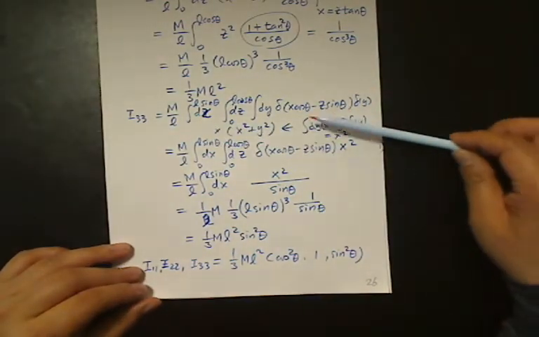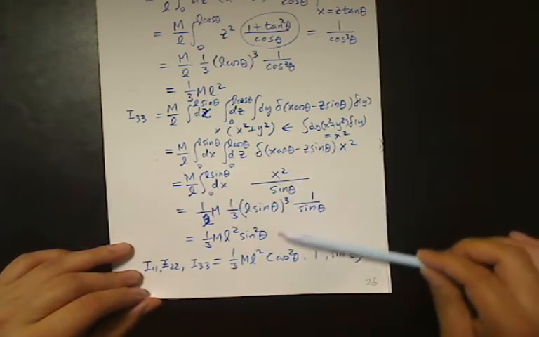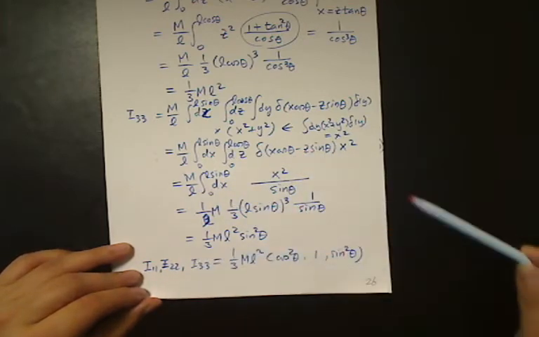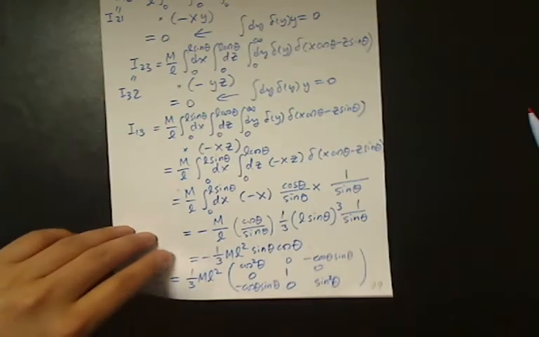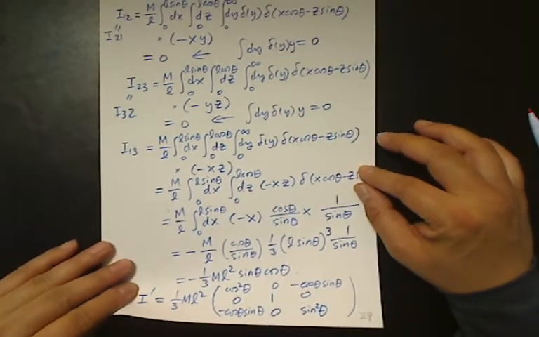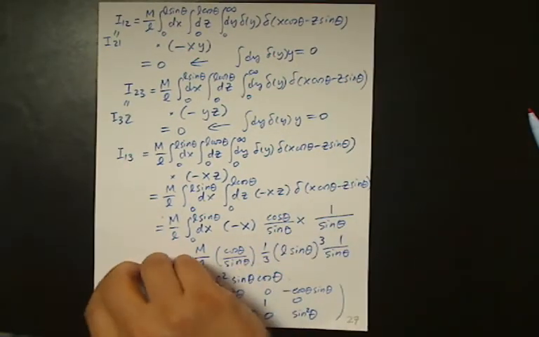The three elements do the same job. The final result is 1/3 ml squared sine squared. And you can follow this calculation by yourself.